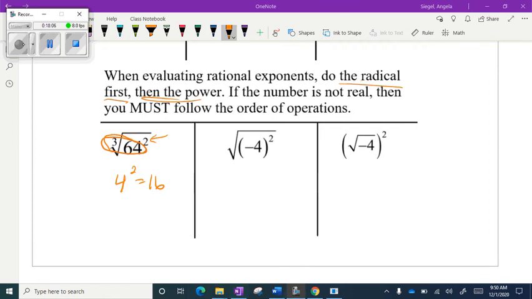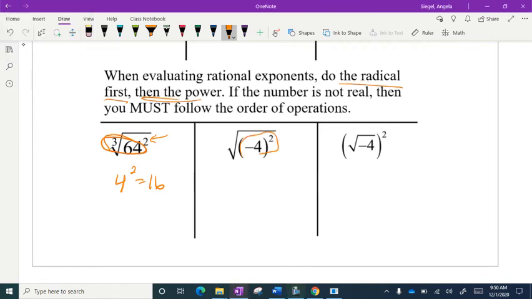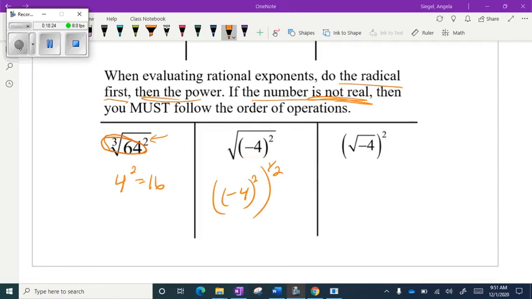But notice this one. If I took the radical first, it would not give me a real number. Sorry, guys, I told you wrong.